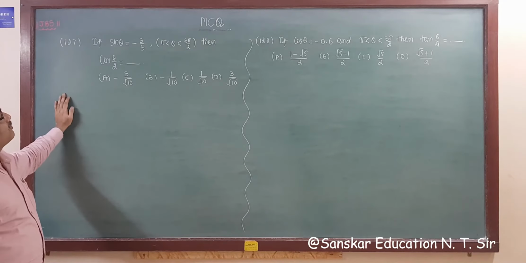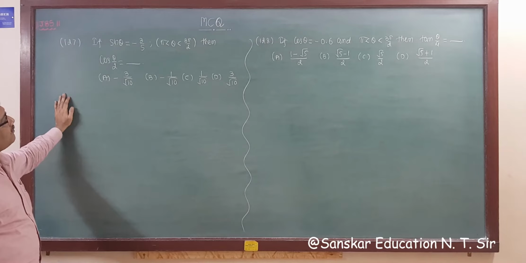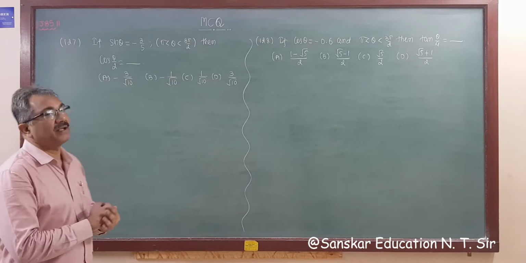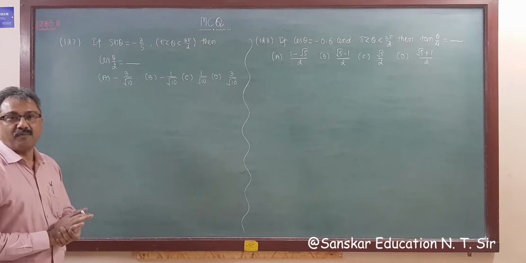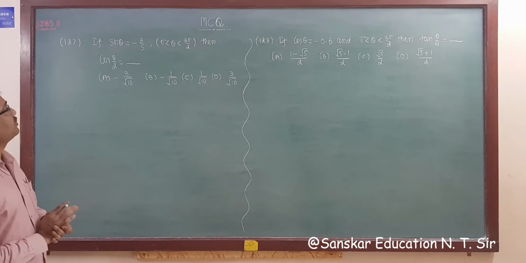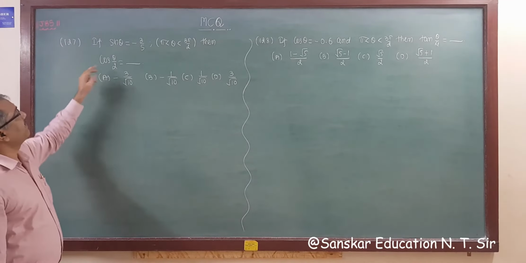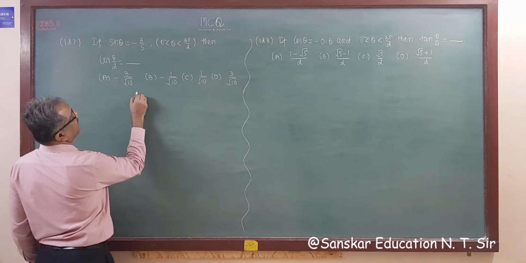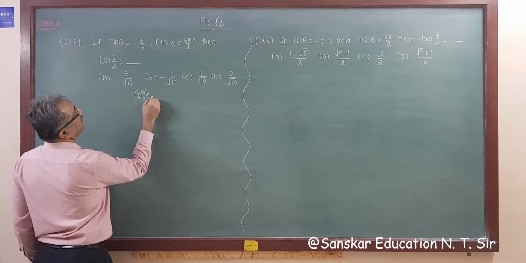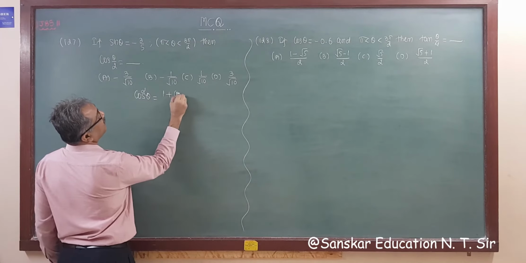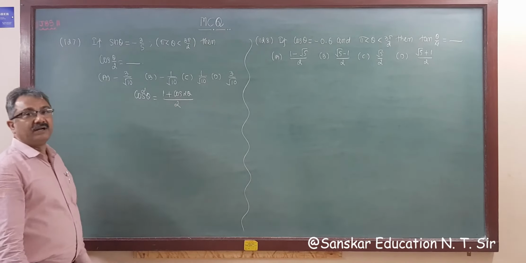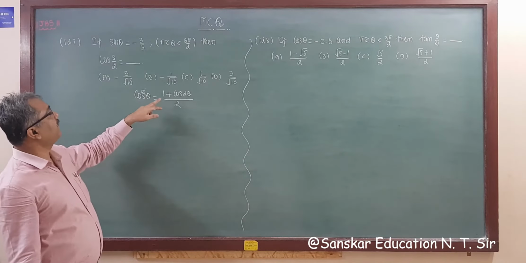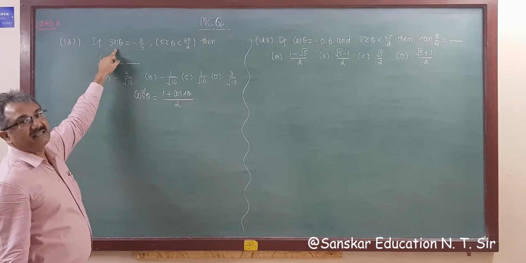If sin theta is equal to minus 3 by 5, pi less than theta less than 3 pi by 2, then cos theta by 2 is equal to blank. We have to find out cos theta by 2. That is, we have only one formula. Cos square theta is 1 plus cos 2 theta divided by 2. Means we require a value of cos, but it is given sin.